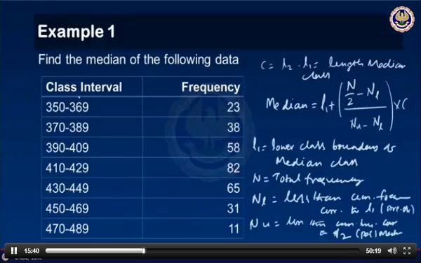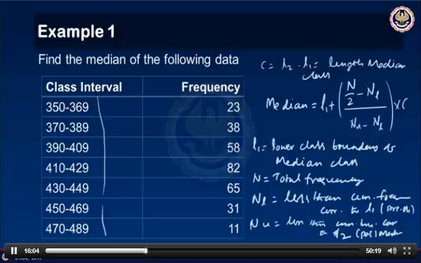First we have to look at the data. The data is of the inclusive class interval type. First we have to convert the data into class boundaries for the less than cumulative frequency case.